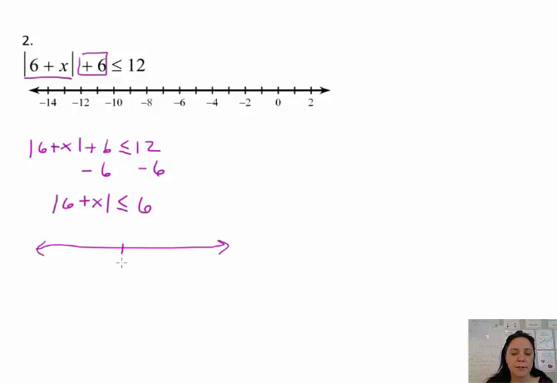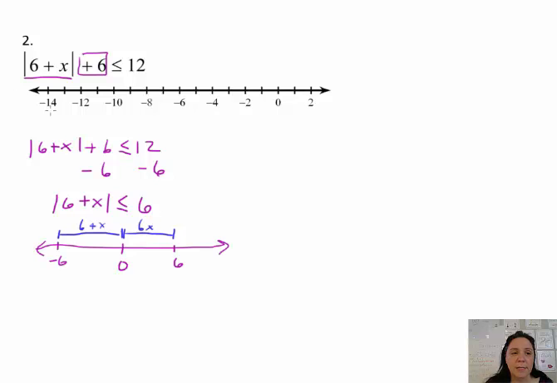Again, the number I'm interested in here to begin with is 0. And I know that this quantity is within 6 of 0. So within 6 away from 0, I have 6 and negative 6. And again, it is a less than or equal to, so I'm going to be using closed circles. Now this time, this is less than or equal to 6, so it is within 6. 6 plus x must be here or here.